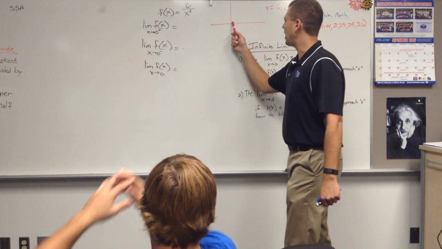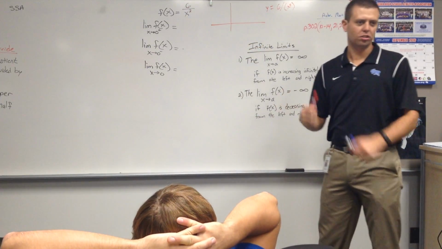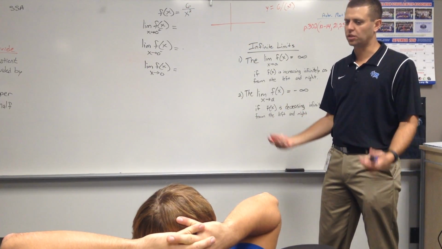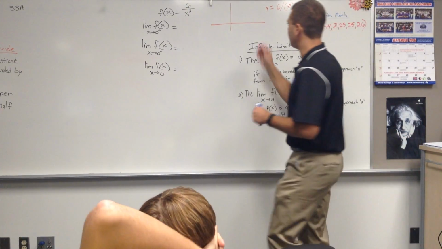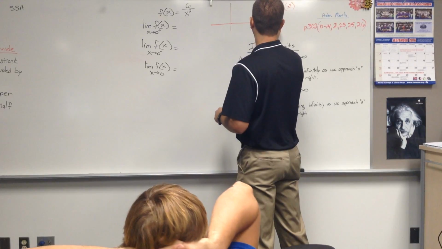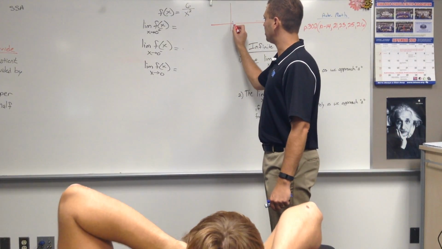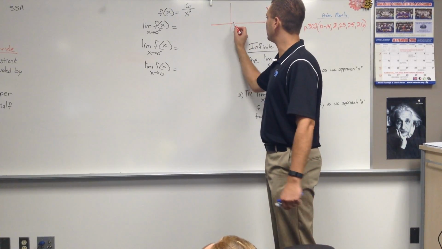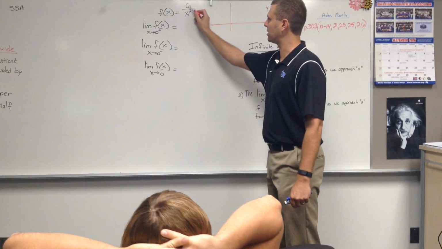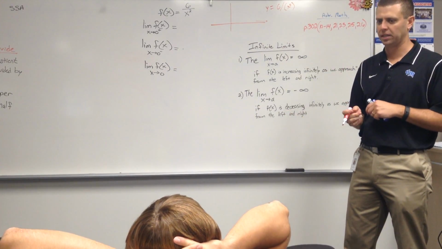Let's think about this. As my x values get really, really large, what's 6 divided by a really large number squared? Essentially going to equal really small positive, right? So as I move this way on the graph, I'm going to be approaching 0. As I move back towards 0, I know I can't divide by 0, but if I take 6 divided by a really tiny positive number, like 6 divided by 0.000001, what sort of number do I get?